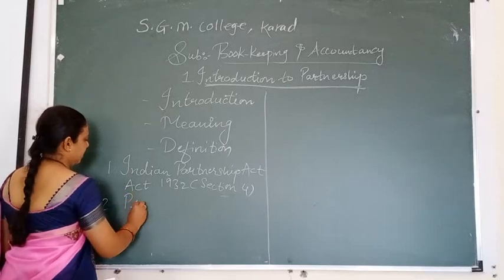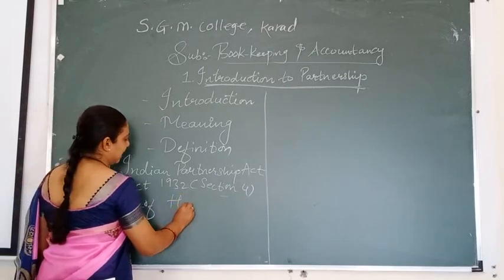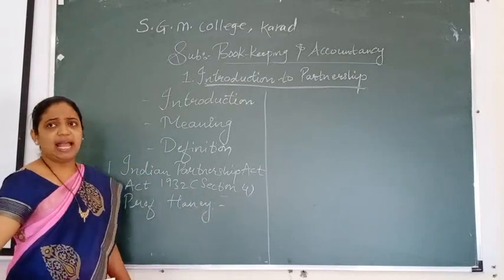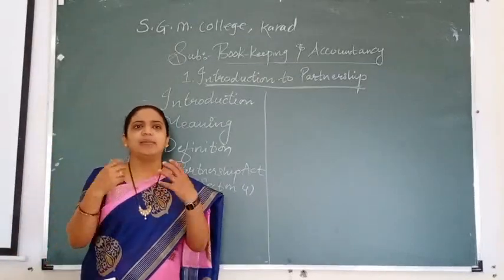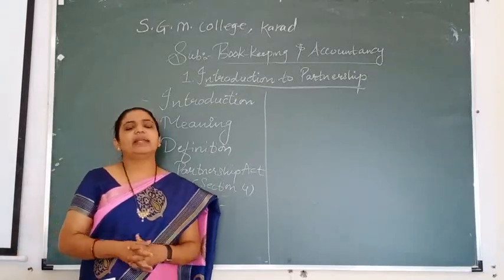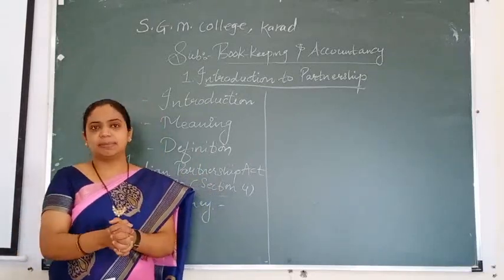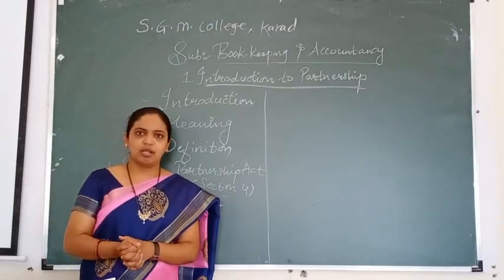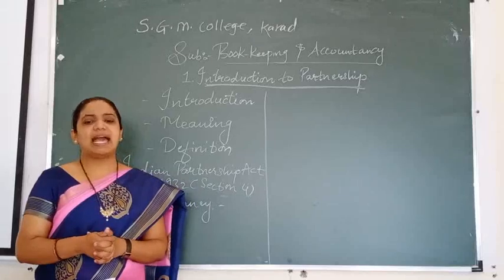The second definition is brought by Professor Hani. So let's see what Hani says. According to the act, you know very well, it's a relation between the persons who agree to share the profits of the business carried on by all or any one of them acting for all. Now let's see further what Professor Hani says.